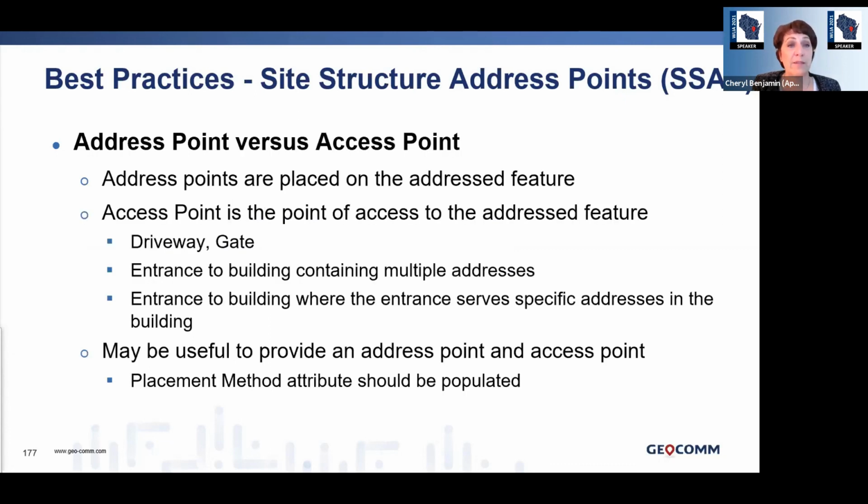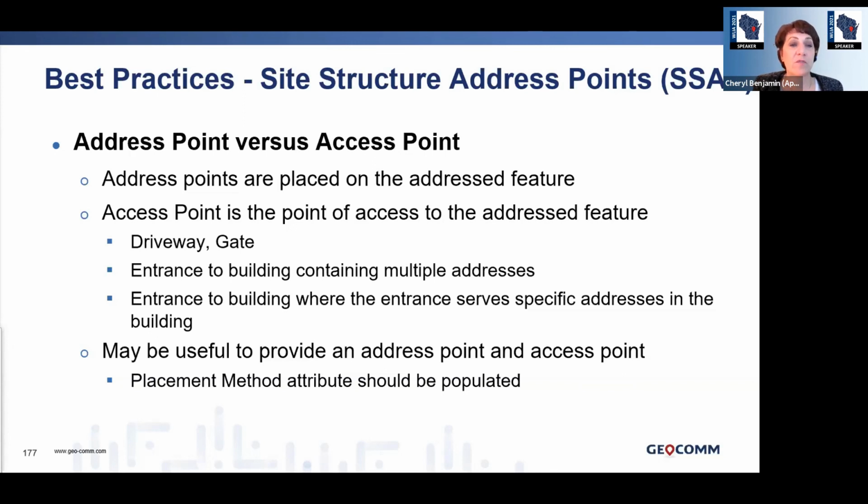So I talked about property access. What does that mean? Address points are typically placed on the feature that's being addressed, where an access point is where you go onto that site or into that structure to get to the address feature.